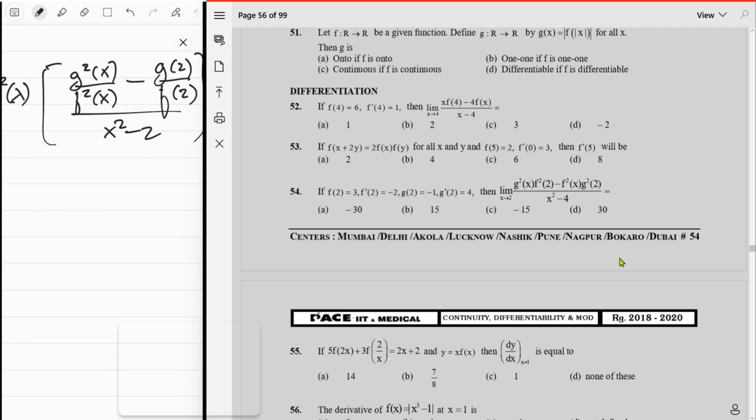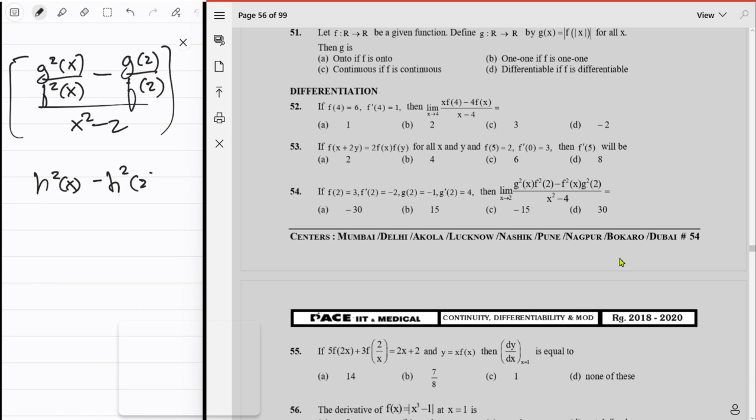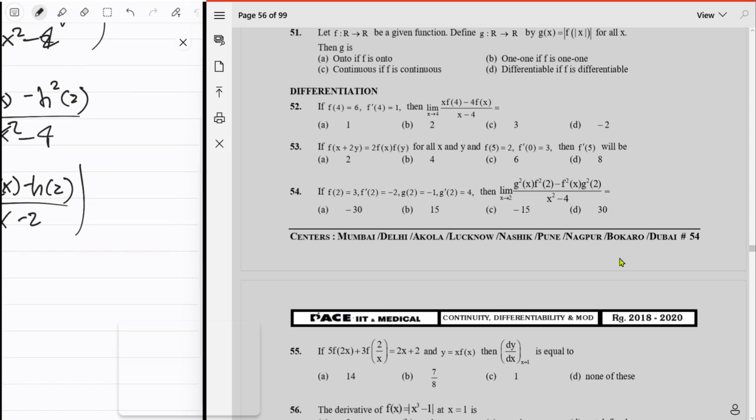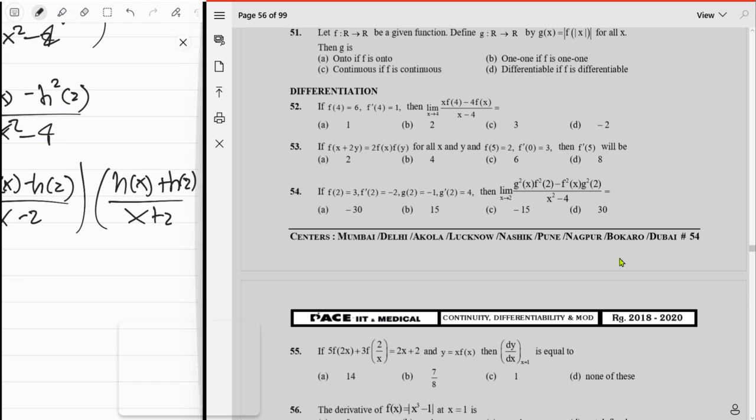Then this thing can be thought of as h squared at x minus h squared at 2 upon x squared minus 2 squared. Sorry, it should be 4, right? Okay. Then this can be factorized like h of x minus h of 2 upon x minus 2, times h of x plus h of 2 upon x plus 2, and we are taking a limit as x tends to 2, right?